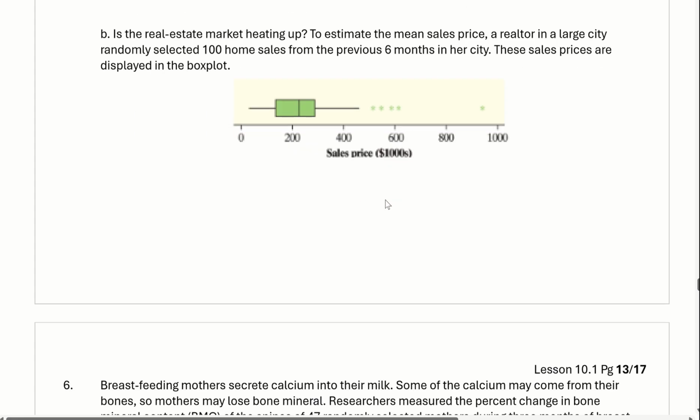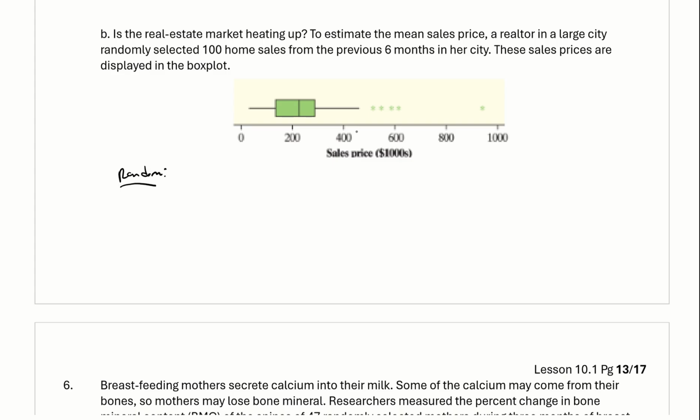All right, so part B, is the real estate market heading up or heating up? To estimate the mean sales price, a realtor in a large city randomly selected 100 home sales from the previous 6 months in her city. These sales prices are displayed in the box plot. All right, so now let's look at the conditions. So random.